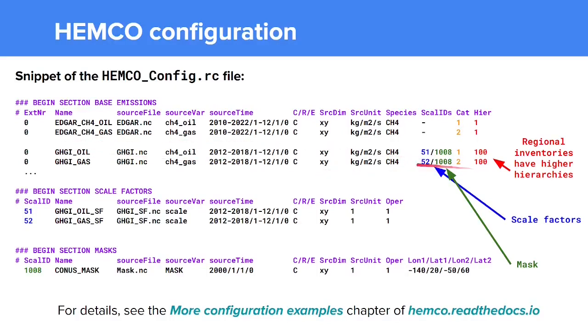Because we're masking this to the continental United States, this is now a regional inventory, so we need to give it a higher hierarchy than the global inventory here. So this will get overlaid on top of that, as we saw in the previous slide. And scale factors and masks are listed in the file below the section where the emissions are. For more information, we have a whole section in the HEMCO Read the Docs called More Configuration Examples that goes into much more detail.